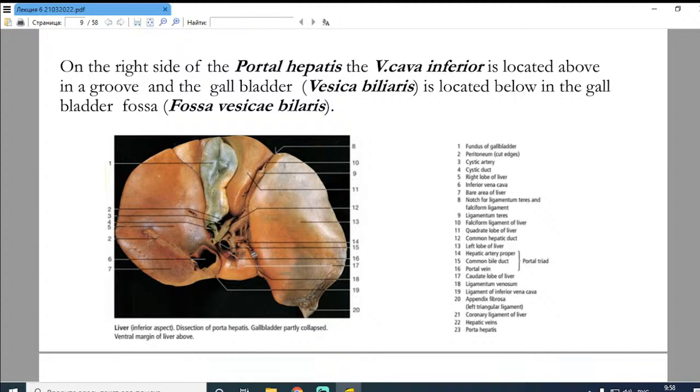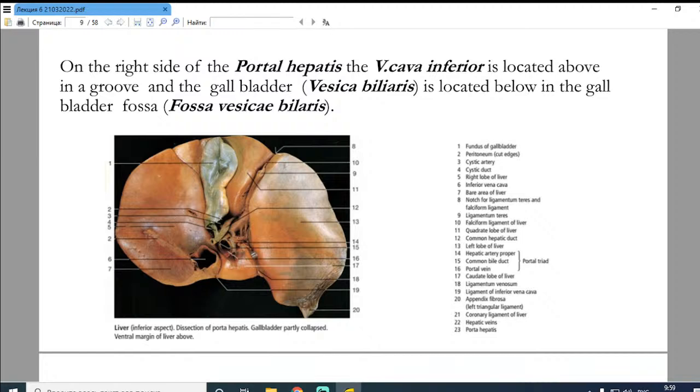On the right side of the porta hepatis, the vena cava inferior is located above in the groove, and the gallbladder, vesica biliaris, is located below in the gallbladder fossa.